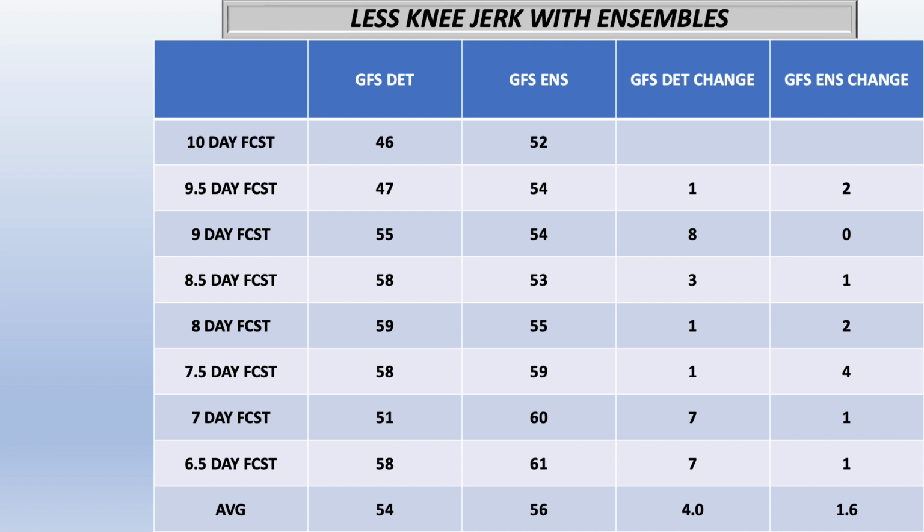So if you were to hear somebody go off on that and say, we're going to get clobbered in 12 days, and then 12 hours later, when the next model cycle run comes out, they're sitting there going, oh, gee, sorry about that. This is what you don't get by looking at ensembles, because you're taking a look at all possible solutions as opposed to locking yourself in to just one.